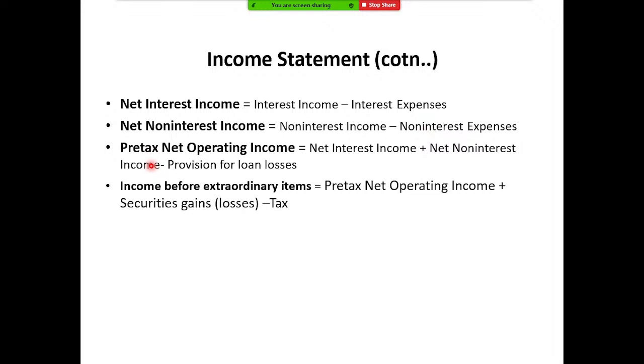Pre-tax net operating income equals net interest income plus net non-interest income minus provision for loan losses. We simply call it EBIT in other manufacturing companies. Income before ordinary items is profit before interest and tax, like that. Then pre-tax net operating income plus security gains minus tax.